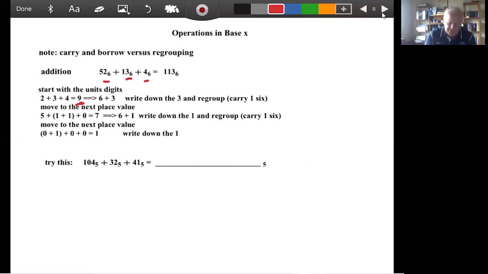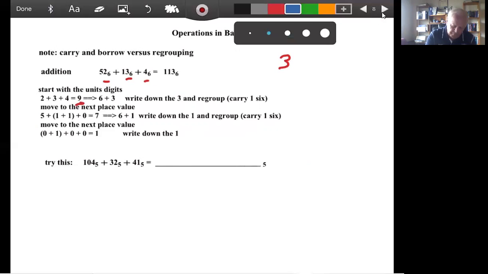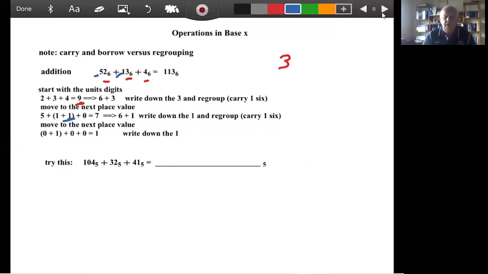So what happens is we write down the 3 and we regroup, which means we rewrite the problem now by taking one of those 6s and bringing it over. So now we have the original 5 there, and the original 1 there, and the 1 there that we regrouped with.